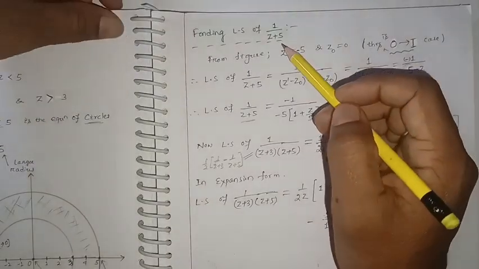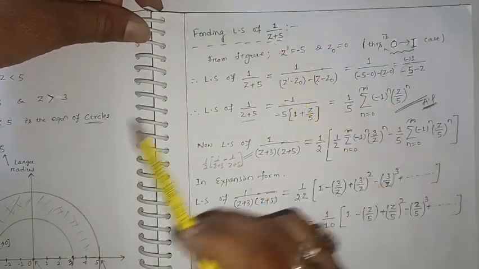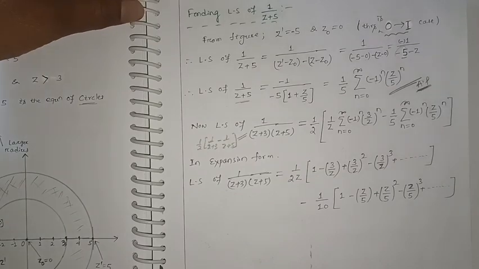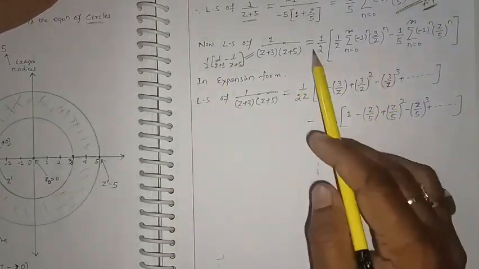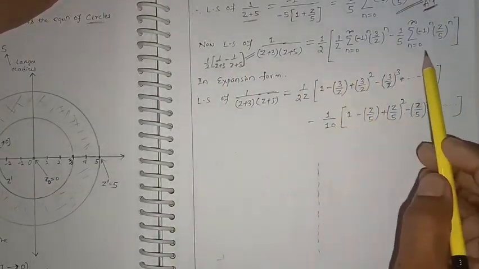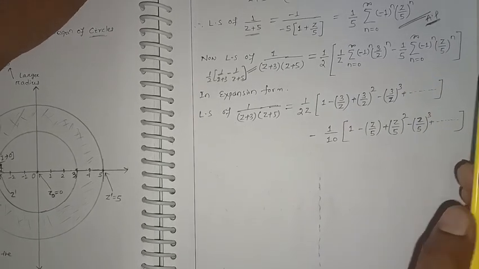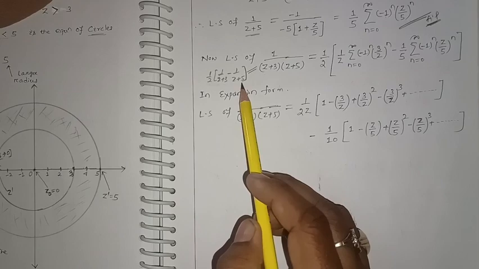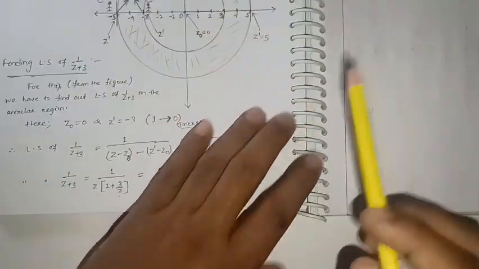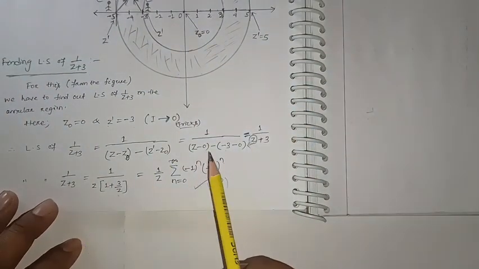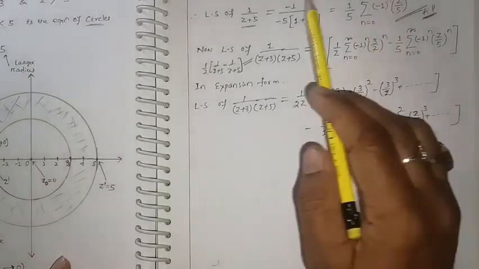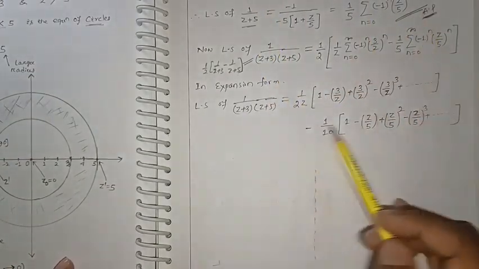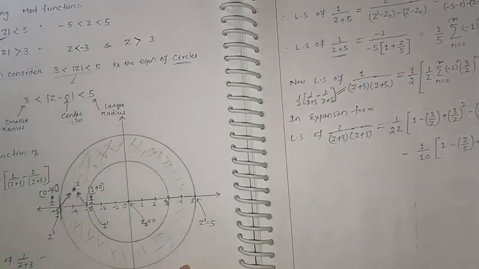For 1 by z plus 5, in this region we found the Laurent series is this one. Finally the function is 1 by 2 into 1 by z plus 3 minus 1 by z plus 5. For 1 by z plus 3, this Laurent series has been substituted, 1 by z plus 5 has been substituted, and finally we got the Laurent series of the given function.